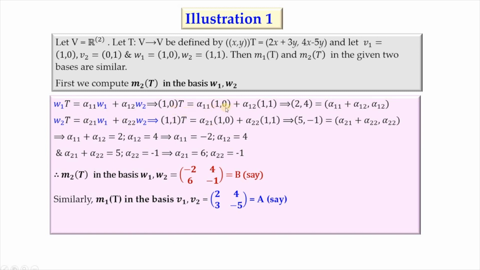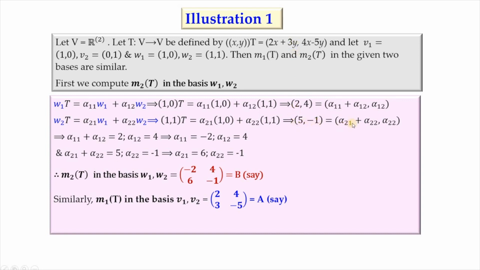So we have 1, 0 and 1, 1, and this simplification gives us this. Equating the first component and then the second component, these two equations, solving them, we get the first row entries as minus 2, 4. Then the image of W2 under T, W2 being the ordered pair 1, 1, we replace x, y by 1, 1, so that we have 5, minus 1.